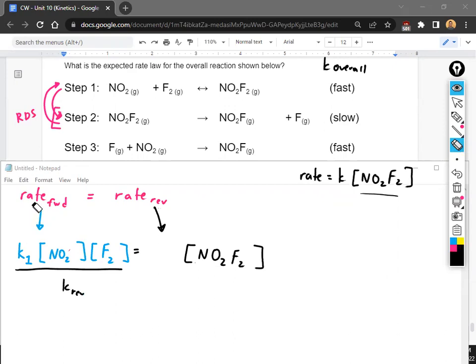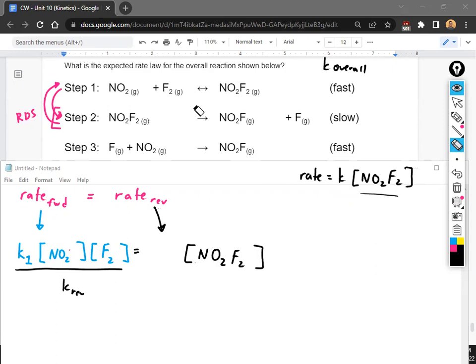Oh, the one in the middle. Oh, because it's a reversible reaction. Don't worry, it's not that important. We're going to get to what that means in the next unit. But for now, just know that it means the reaction can go backwards and forwards.